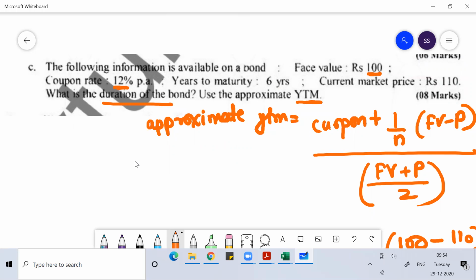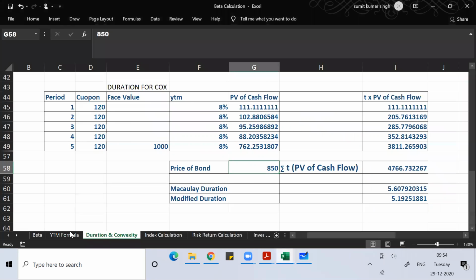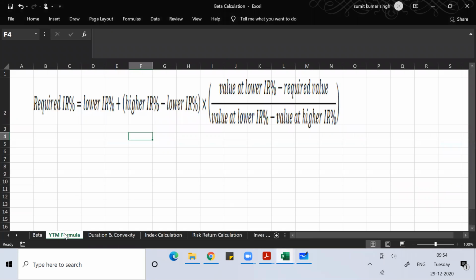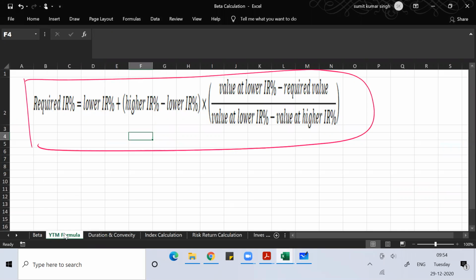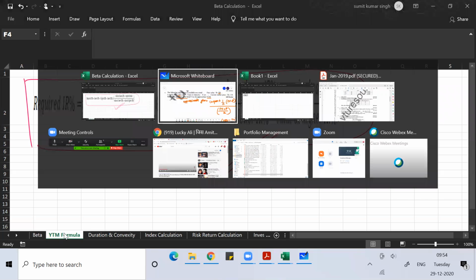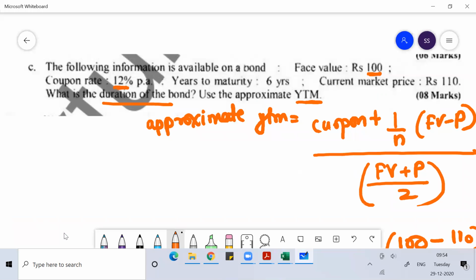I assume let YTM be 10%, then I apply the interpolation formula. Again, that will take a lot of time. If I spend 10 minutes in calculation of YTM, then again I have to do the duration calculation. It will be very cumbersome work for an 8 marks question. So ultimately we need to avoid that part.